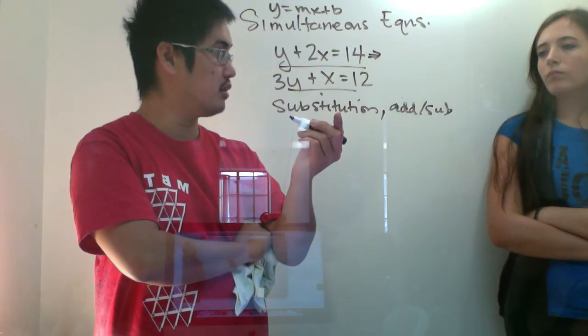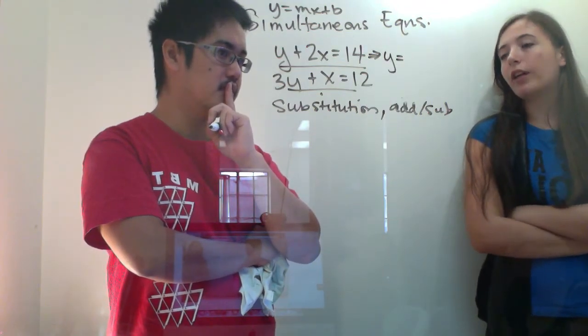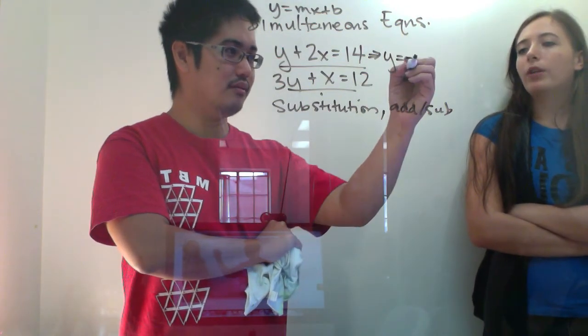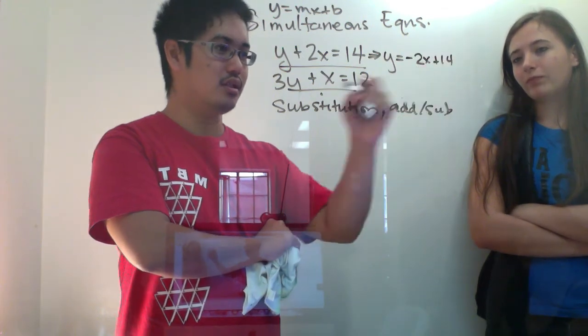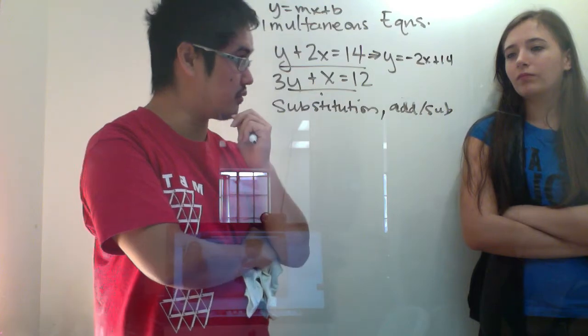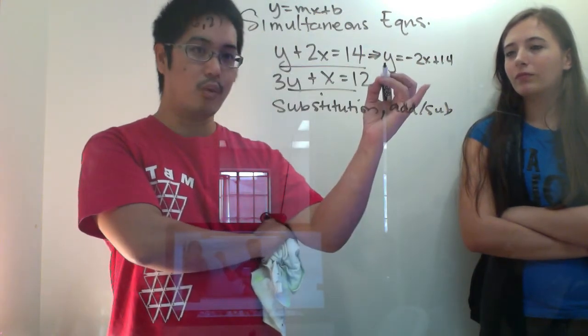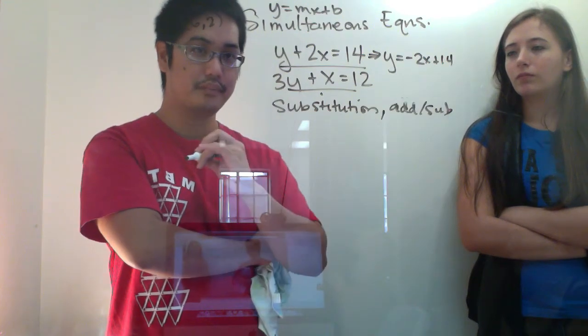Let's try it. Y equals negative 2x plus 14. You just took that 2x and put it on the other side. It was a plus over here, now it's a minus over there. This is saying that y is equal to this, okay?